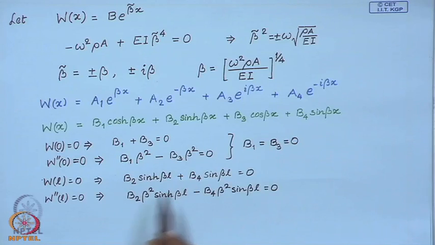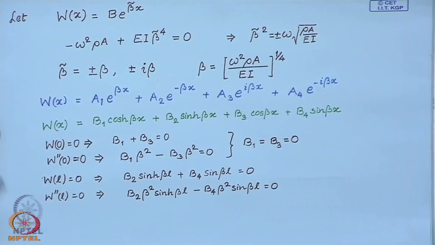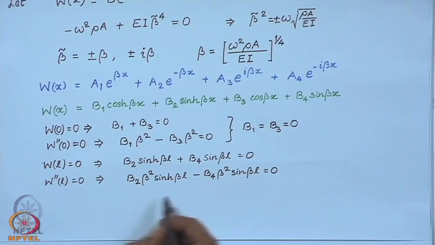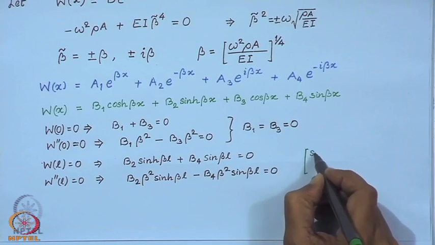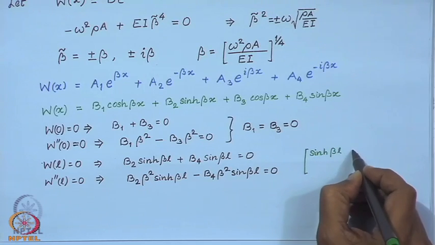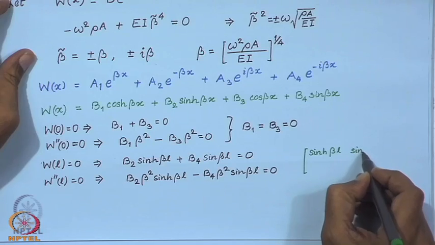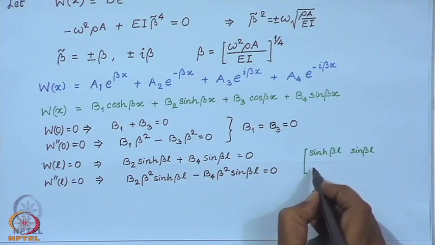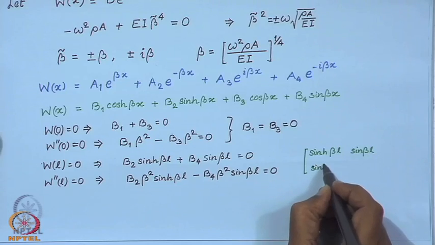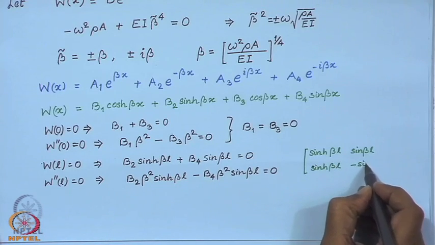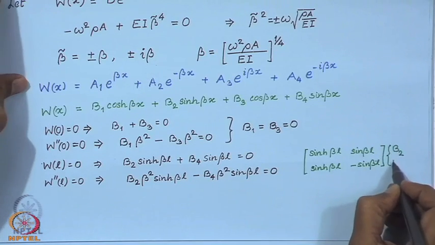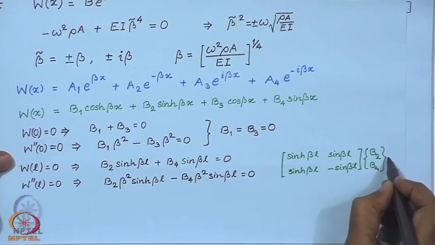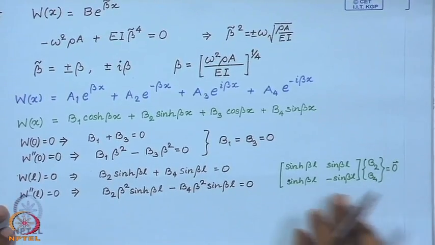And if we want to have non-trivial solutions of b2 and b4, so this I can write, so this is what we have.